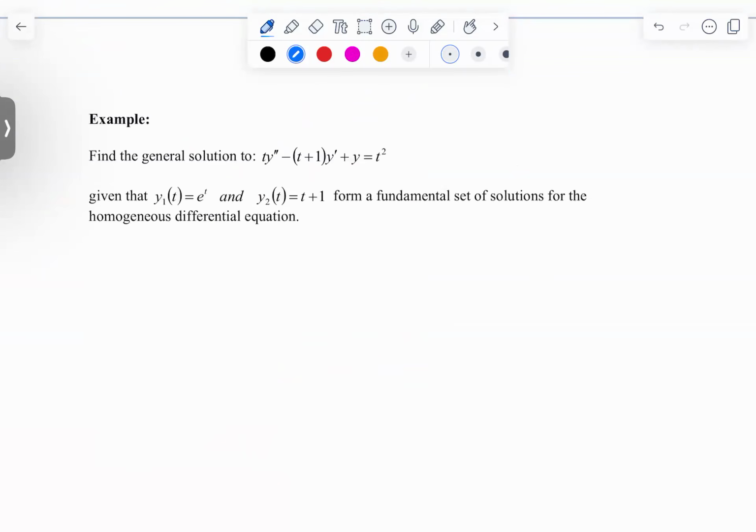All right, so find the general solution to the differential equation. Notice this one actually presented y1 e to t, y2 t plus 1 as a fundamental set of solutions. So we were given y1 and y2, so we can create the complementary solution.